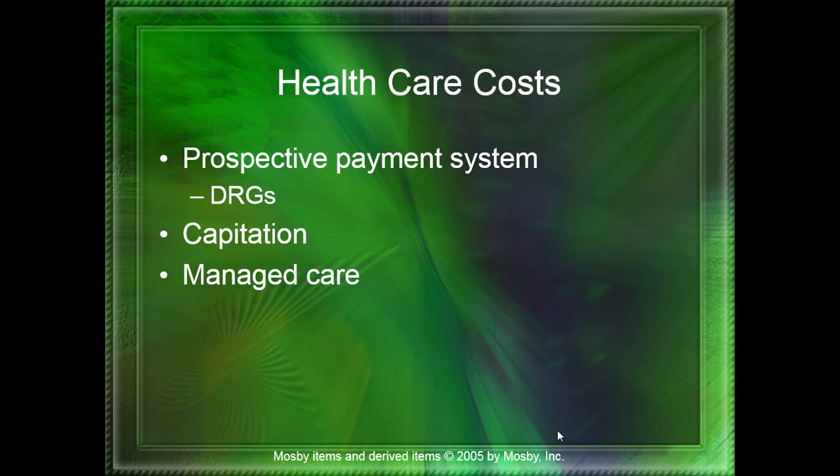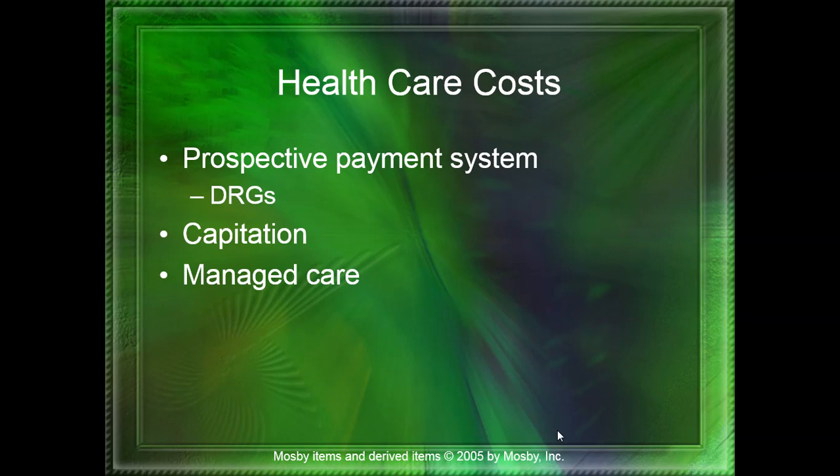Alrighty, so healthcare costs, prospective payment system is how our healthcare is paid for. Many years ago, before DRGs, which is basically how they group different diagnoses, people were paid by the visit.